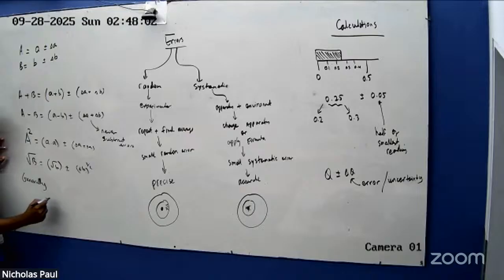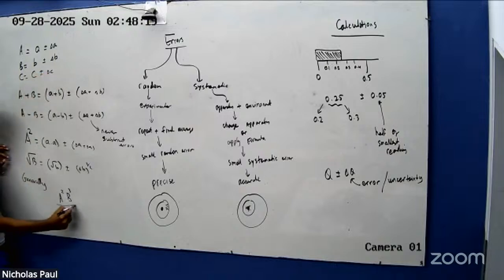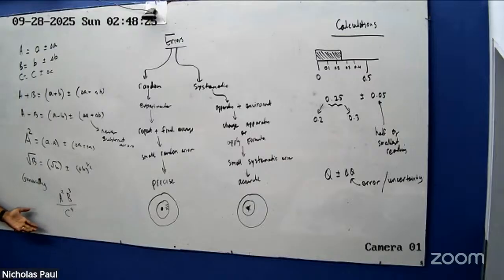So generally, if I ask you to find something like a squared b cubed divided by c to the power of 4, I can add in one more letter for you here. How are you going to find the error? Joseph?